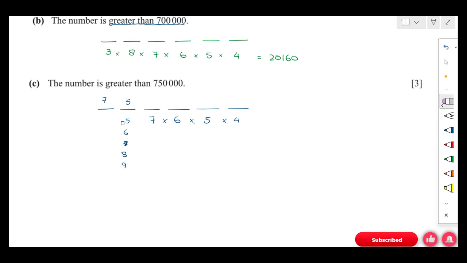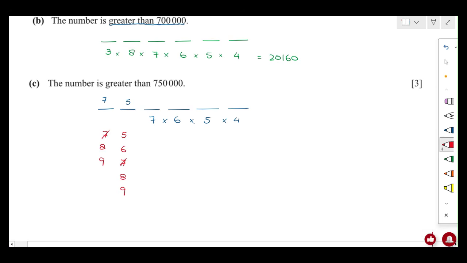Let me erase all these. What I'm trying to say is that the first digit can be 7, 8, or 9. The second digit can be 5, 6, 7, 8, or 9.